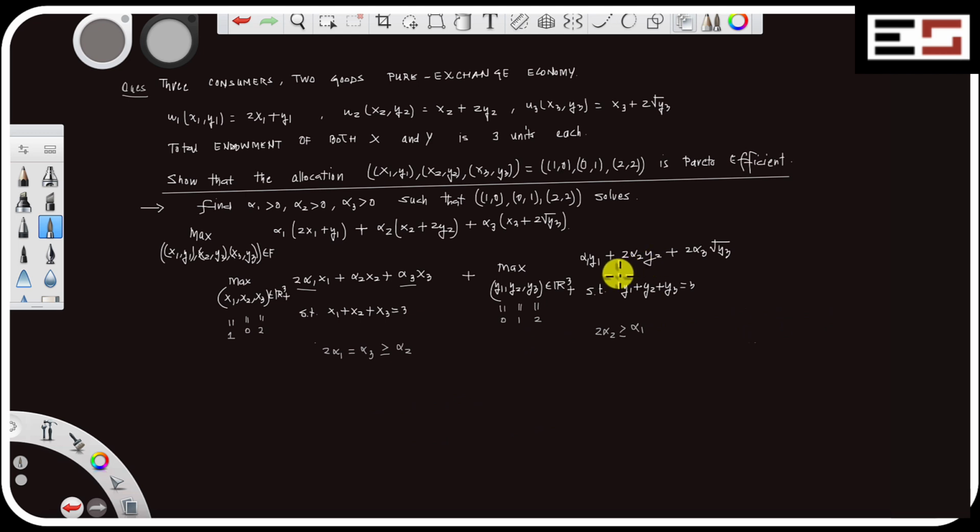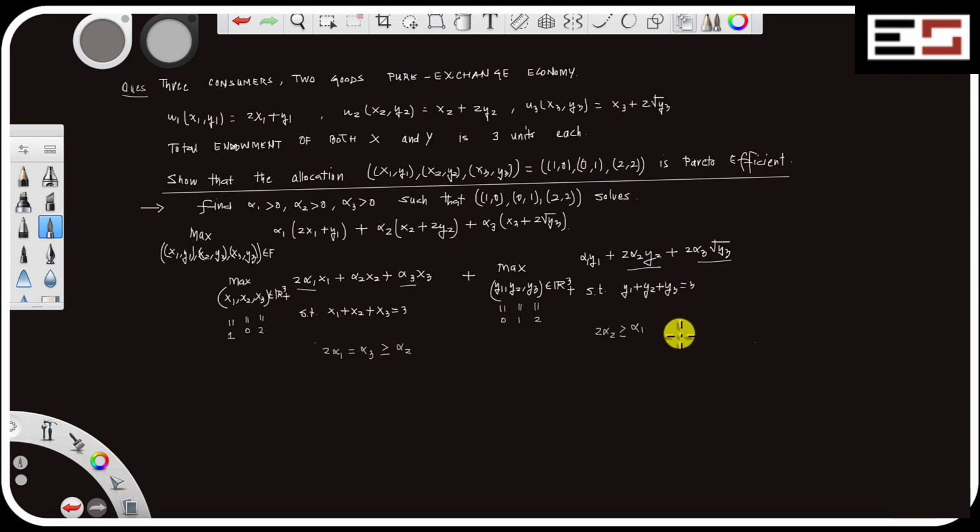And if you look at this, the partial derivative of this objective with respect to y2, because y2 and y3 are both positive, and in the constraint we have the coefficients of y2 and y3 as 1, so it's a linear constraint.